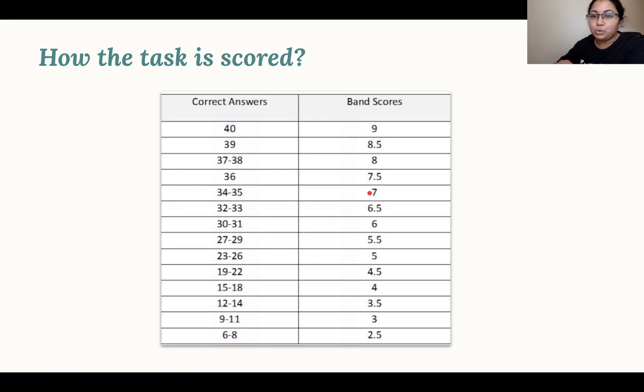Don't rush, don't be in a hurry to do the test. Take your time, be relaxed and do as many questions as possible. Practice a lot and then do your test well. So I would recommend getting at least 36 out of 40, because that will lead you to a band of 7.5, which is crucial.